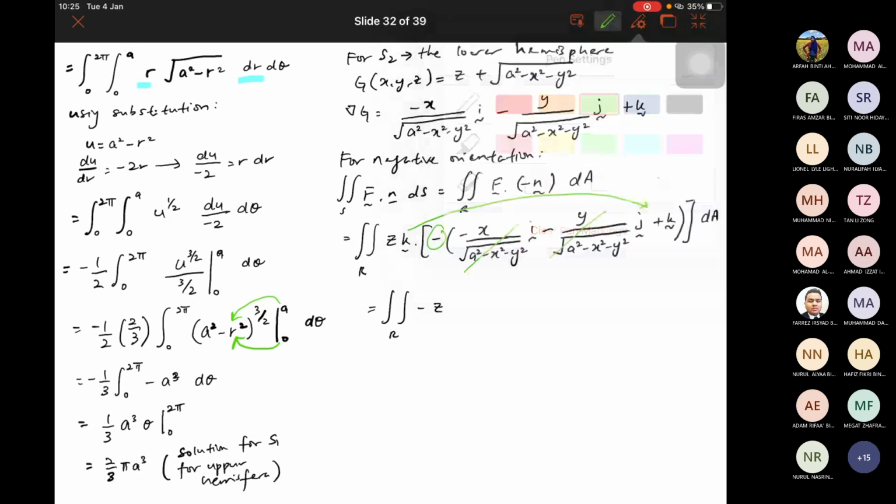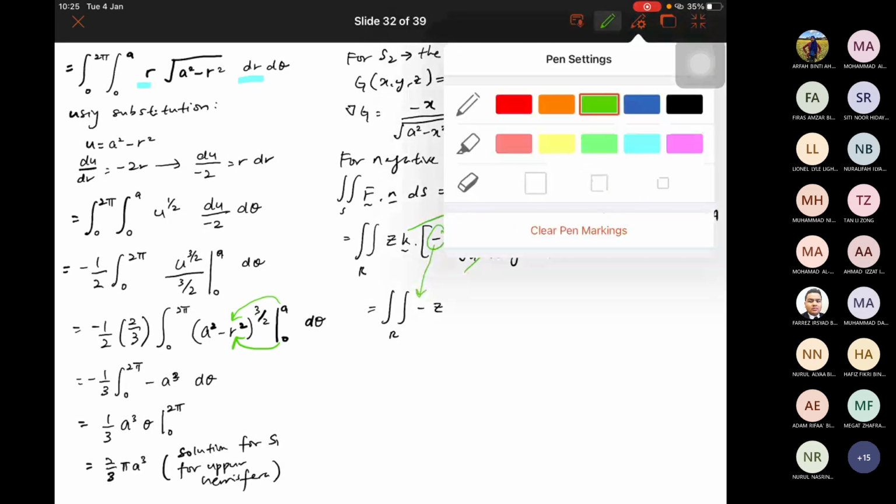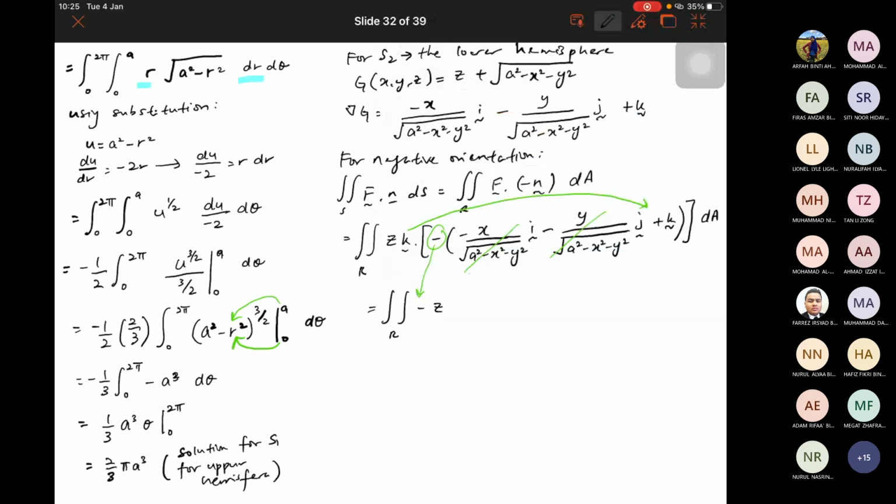That's why it becomes negative z dA. So the integral over the bounded region R of negative of negative square root of a squared minus x squared minus y squared dA.